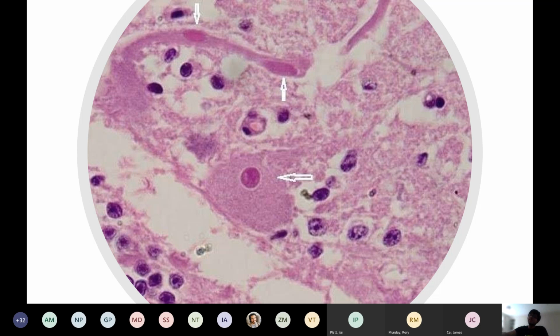And what are these? The bullet-shaped Negri bodies. That's exactly what these are. So the ones at the top are very much bullet-shaped. The one at the bottom is not so bullet-shaped.